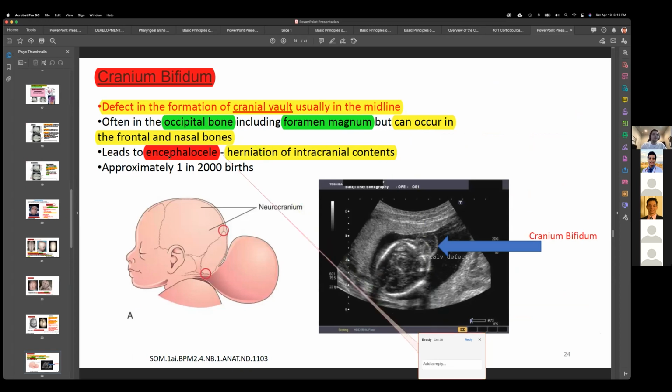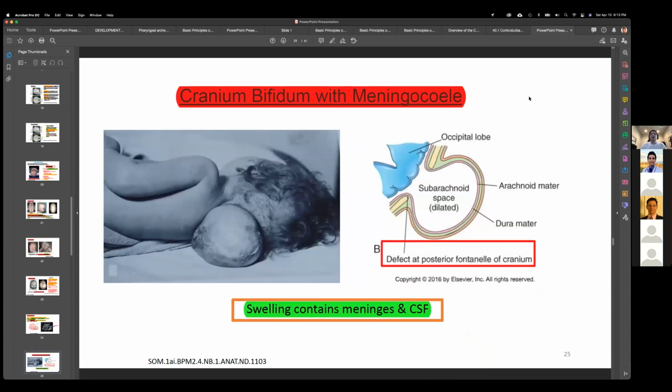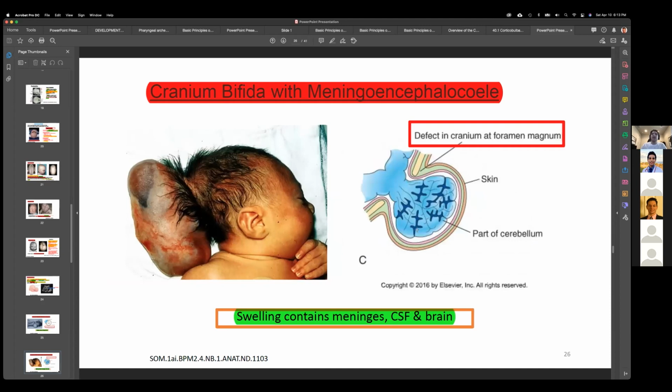Oh, herniation of the cranial contents. Yeah, this is encephalocele. I don't think they would give you some sort of ultrasound like this, but it's good to know. Cranium bifidum. This is sort of similar to spina bifida with meningocele. Meningocele means the actual meninges come out, and encephalocele means there's brain out too.